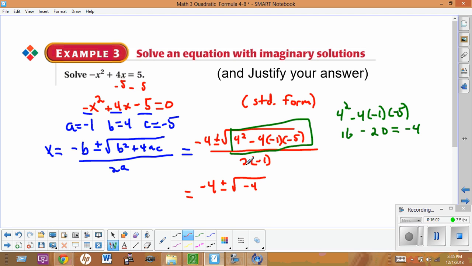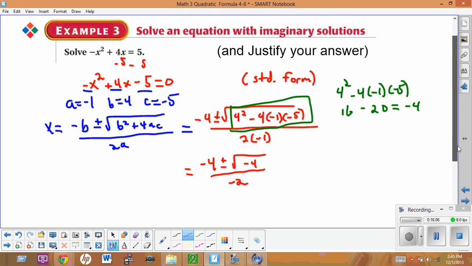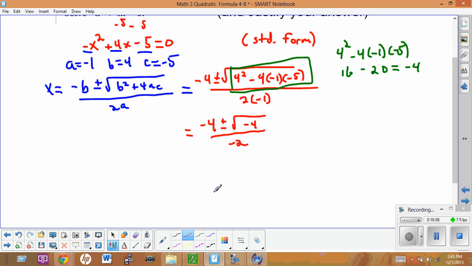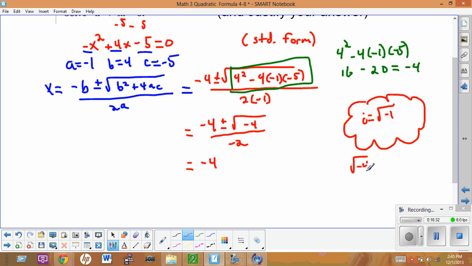Okay, lastly, we need to simplify the square root of negative 4. Well, we have to do a recall. Recall complex numbers or imaginary numbers. We know that i is equal to the square root of negative 1. So the square root of negative 4, let's put this over here, do some side work, equals the square root of negative 1 times the square root of 4, or i, and this guy is 2.